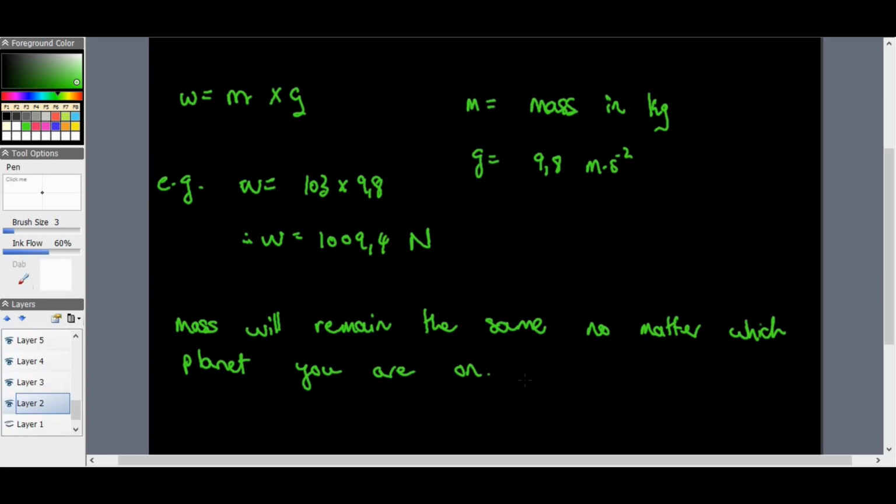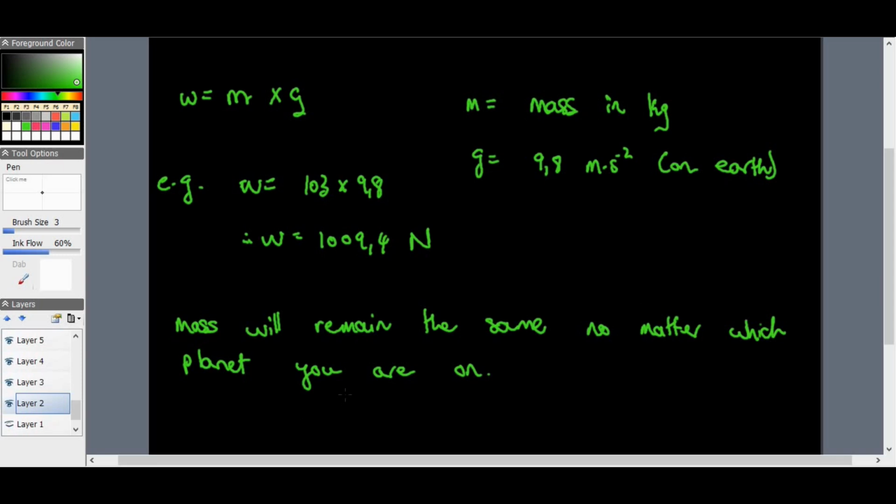For example, the moon has a gravitational acceleration that is less than Earth. It's way less than Earth. It's not at 9,8 meters per second squared, as you see over there, this is the value of gravity on Earth.